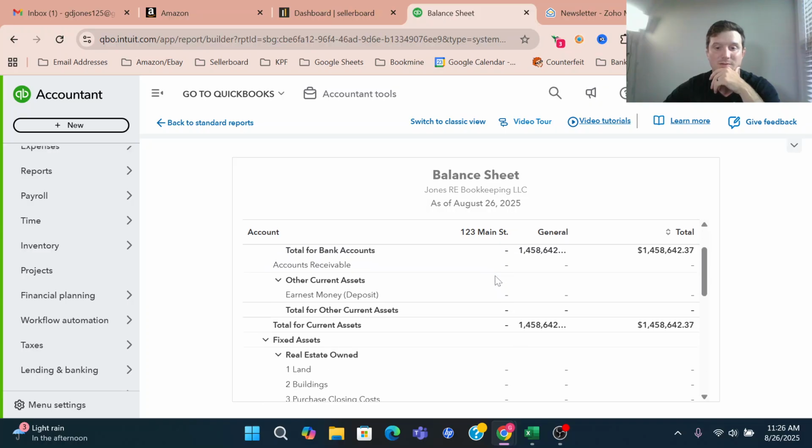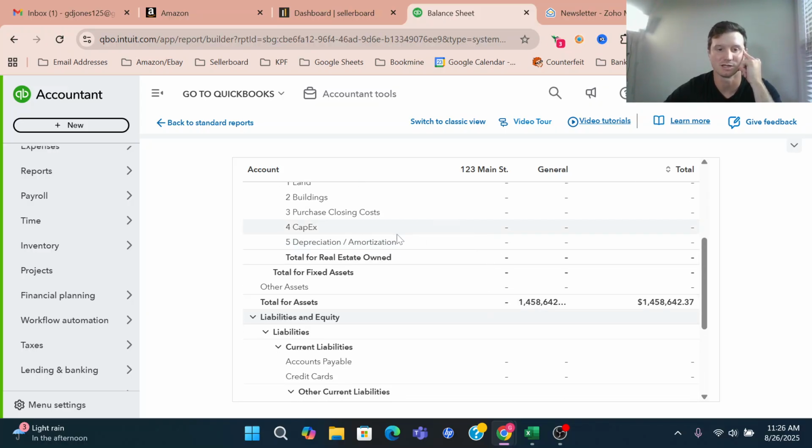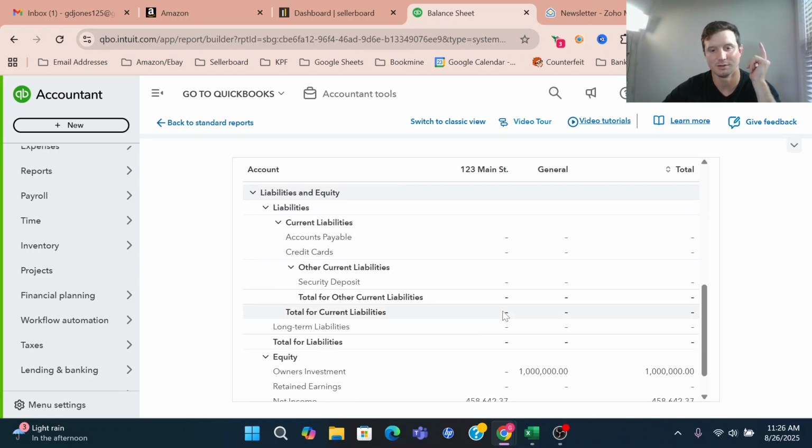But here's our property, and you can see that everything is completely zeroed out from the video that we showed where we purchased it, and all of this was populated with the land, the building, closing costs, CapEx, and then depreciation that we incurred over time, I guess, and the CapEx we incurred over time. Everything is zeroed out.